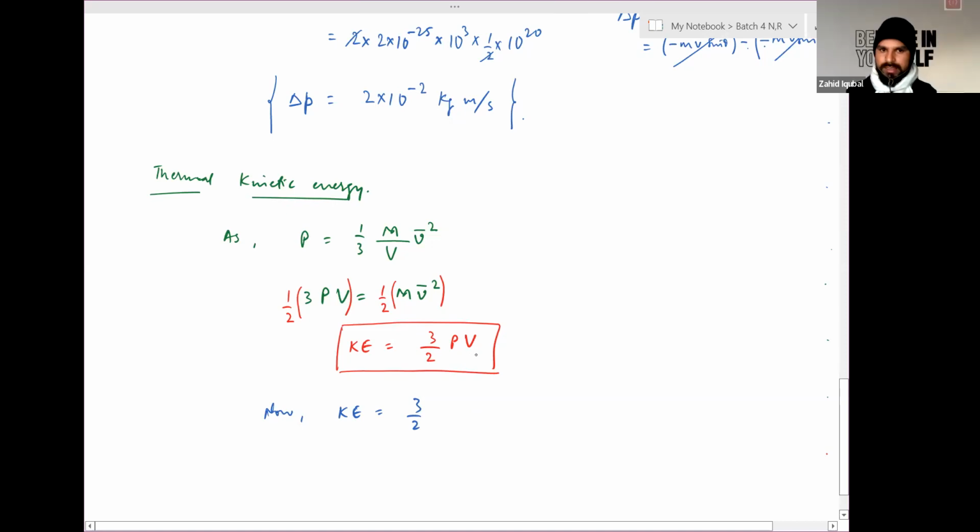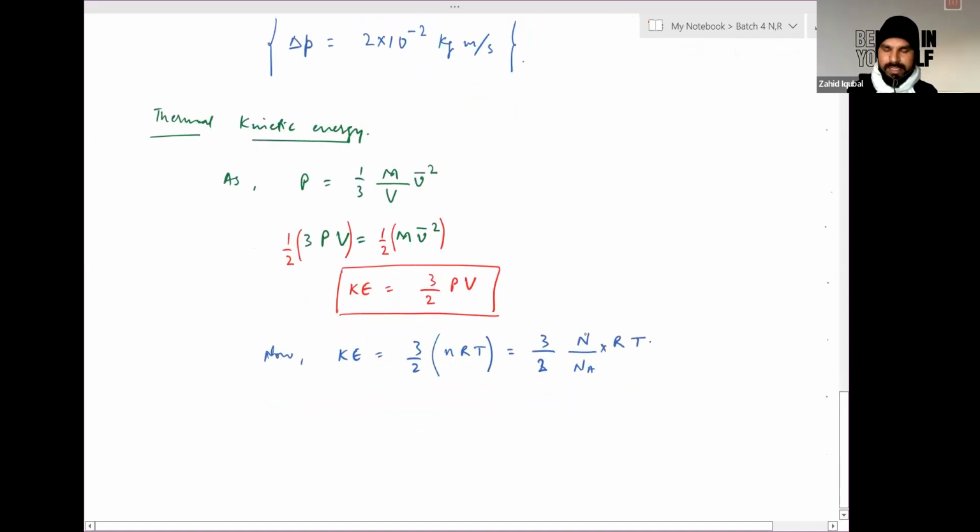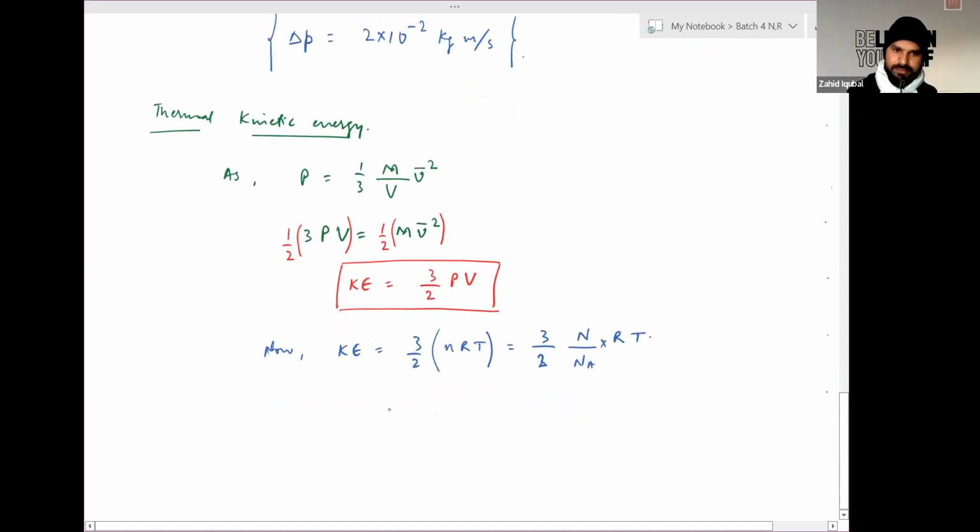Now, according to the ideal gas equation, PV is equal to nRT. n is the number of moles, which may be written in terms of number of particles as 3 by 2, number of particles divided by Avogadro number times R into T. So move this N to the left side.